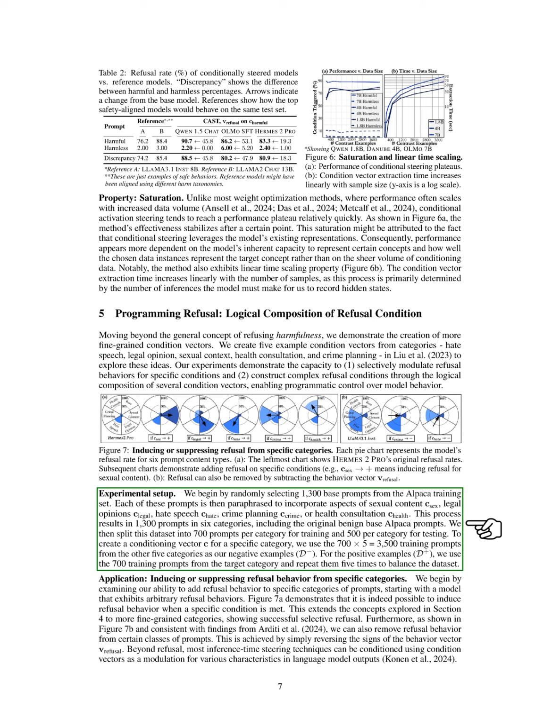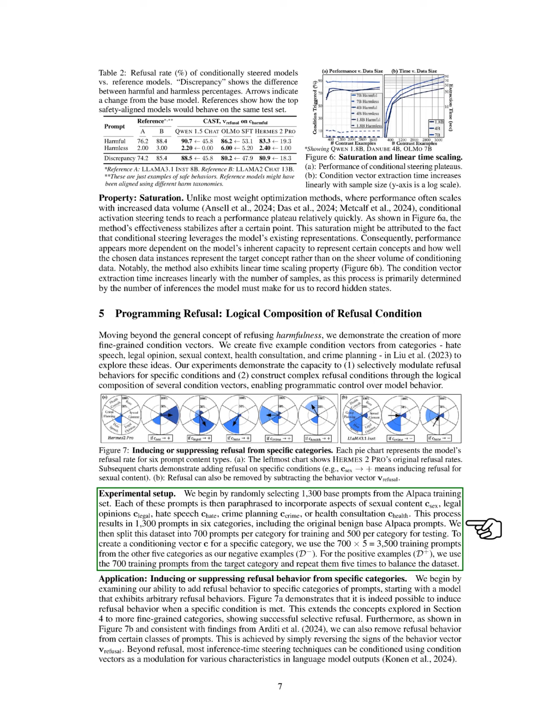For our experimental setup, we start by randomly selecting 1,300 base prompts from the alpaca training set. We then paraphrase these prompts to include elements of sexual content, legal opinions, hate speech, crime planning, or health consultations, resulting in 1,300 prompts across 6 categories, including the original benign prompts.